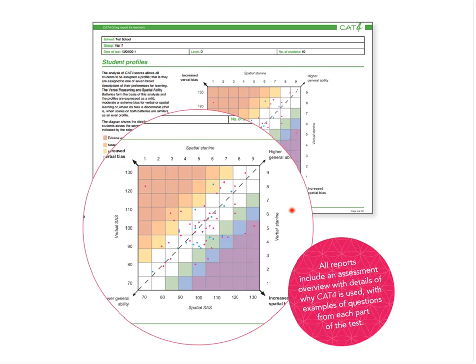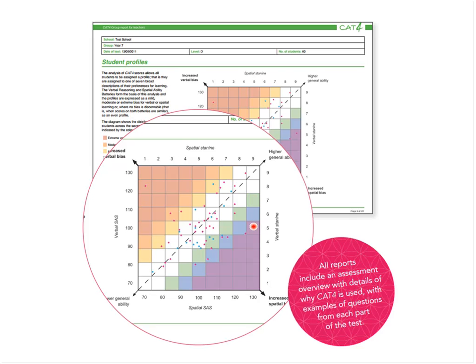Each one of these dots represents a pupil, and any pupil within that white area doesn't have a learning bias. But this pupil on the right-hand side, in that purple area, has an extreme spatial bias.